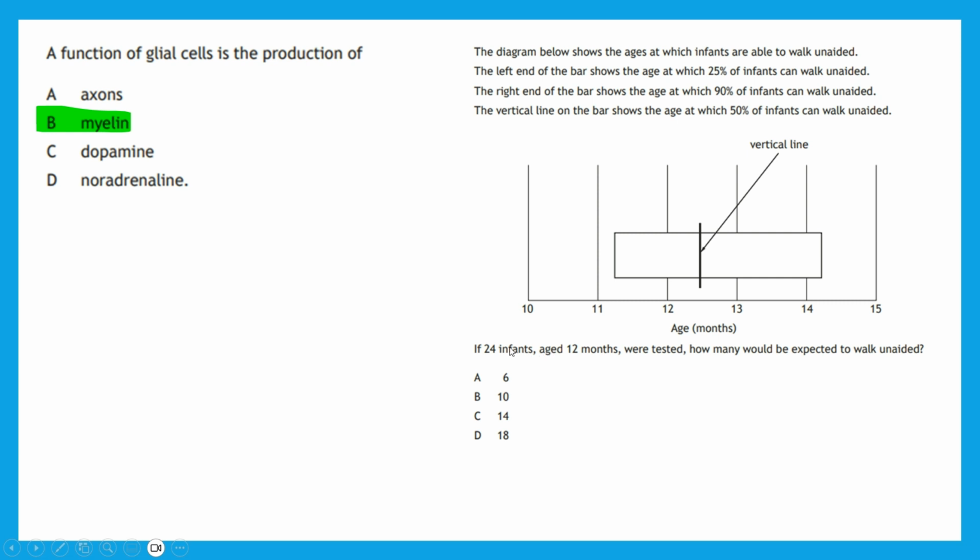So half of 24 is 12, so anything higher than that can be discounted. It is higher than the 25%, so it should be more than a quarter, leaving the answer as B, 10. So of those 24 infants, you'd be expecting 10 of them to be able to walk unaided.